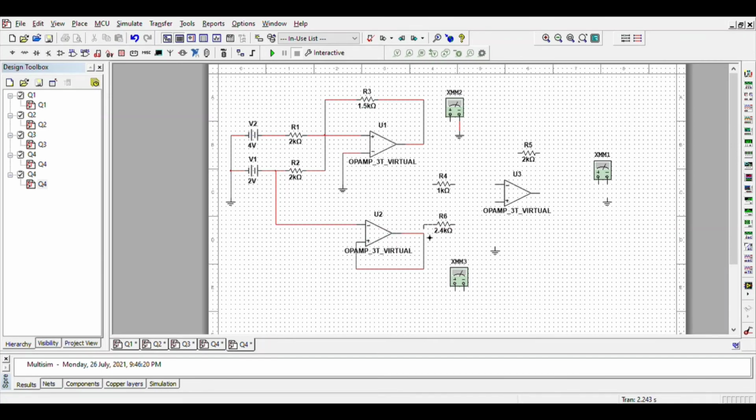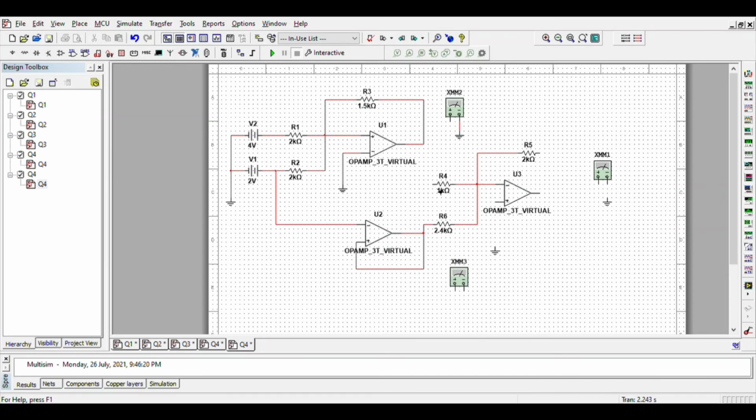After that, R6 will be connected in here at V02, and then R6 will be connected to R4. V minus of op-amp 3 will also connect in here, and then R5 will also be connected in here.